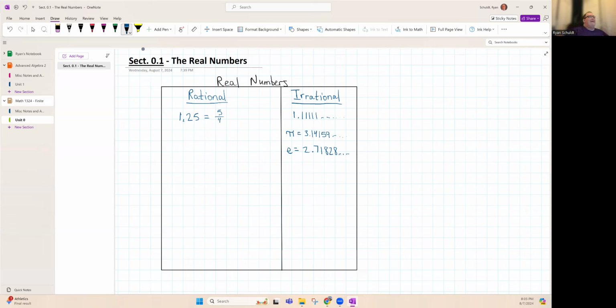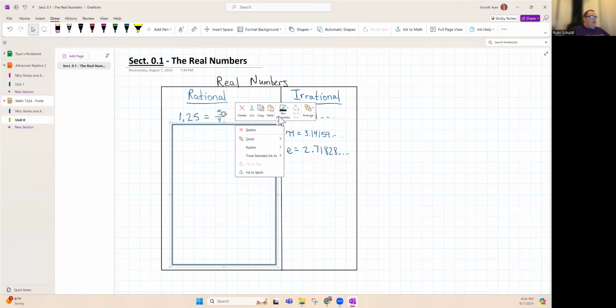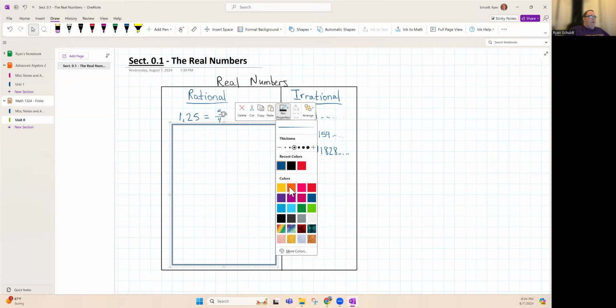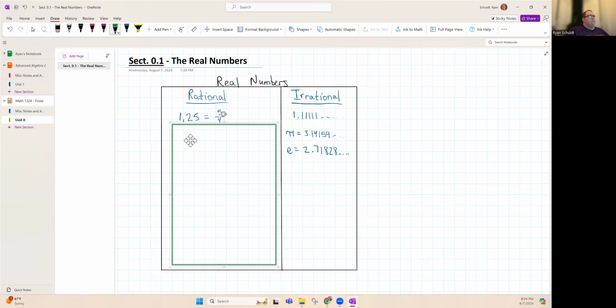Okay. Within the rationals, we're going to draw another rectangle. And those, we're going to call integers.